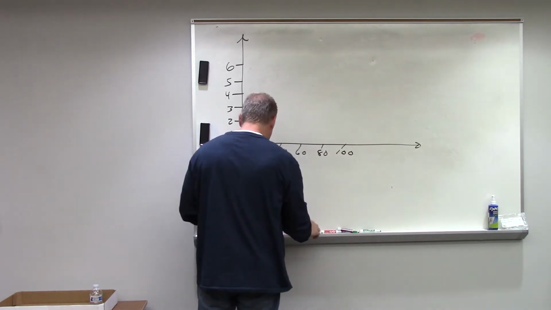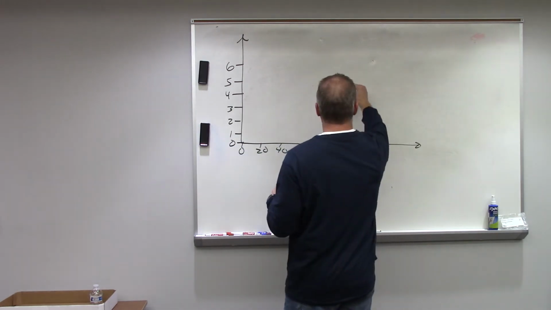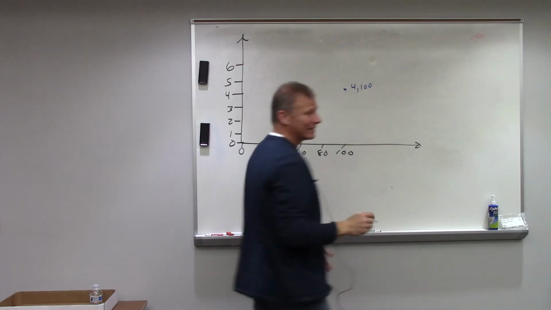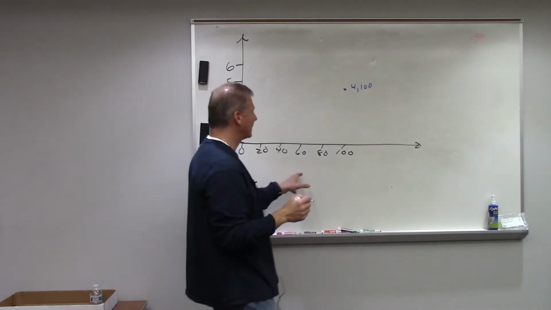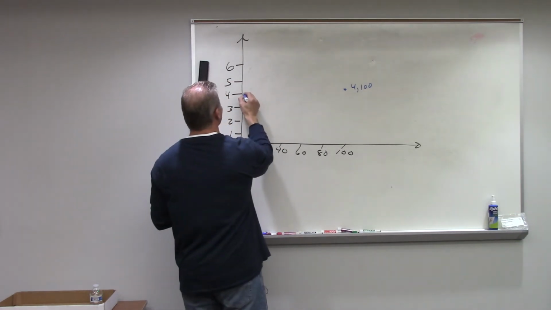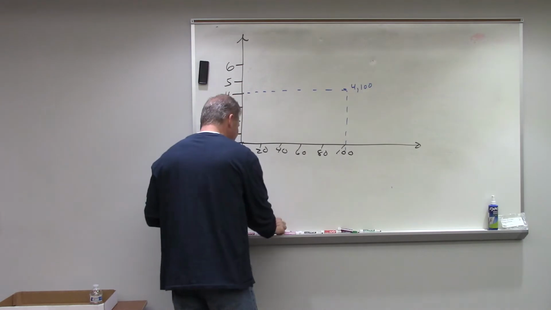Now, let's go back to that original point we had, which was 4, 100. Actually, technically we would graph this the other way around, because this is your x-axis, that's your y-axis, but it really doesn't matter. But we'll go ahead and throw that in, right?